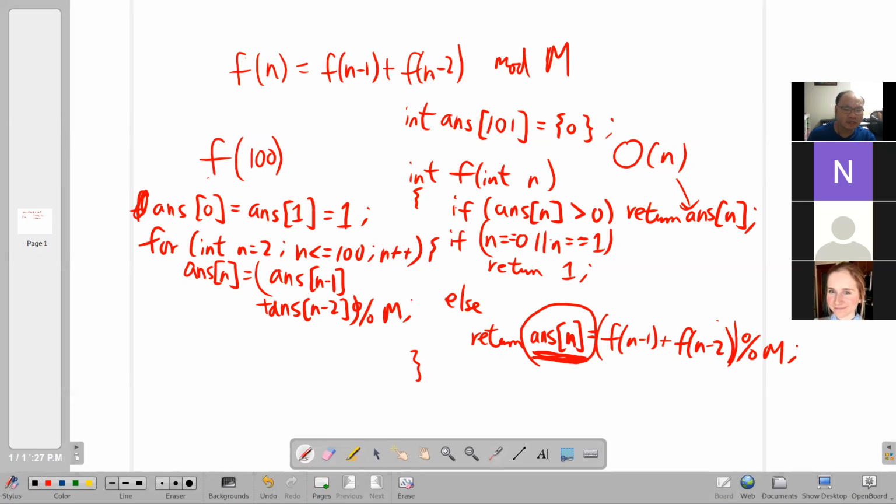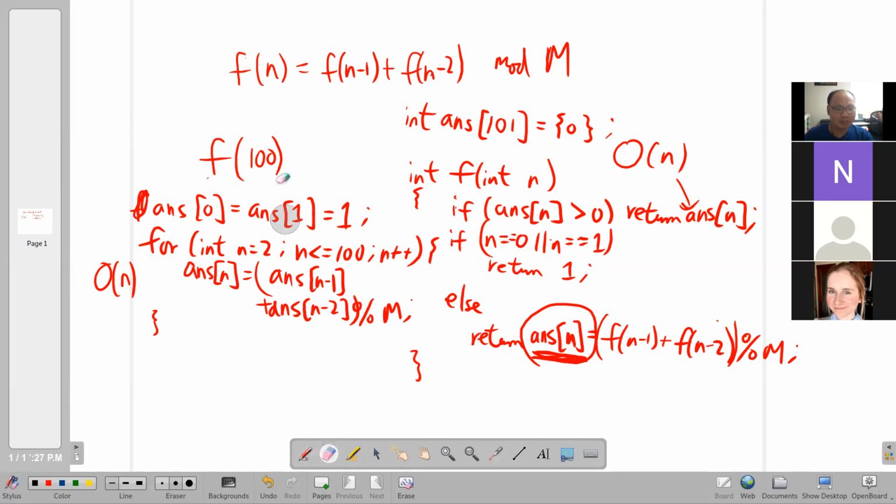Okay, so this is the for loop way, and again, this one is really clear that this is big O of n because this loop runs n times. Yes. Are we all agreeing? This is all child's play.